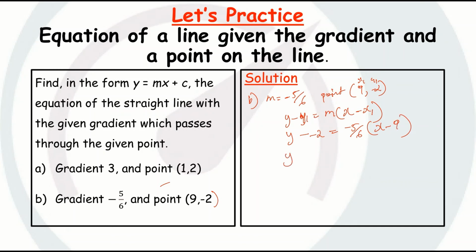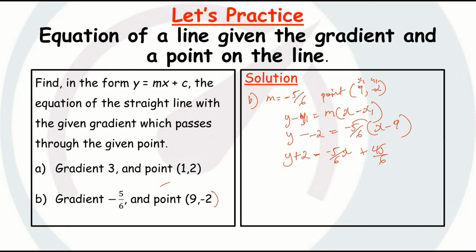So we have y plus 2, because we know that when the minus and the negative sign multiply each other, we get a positive. Now we have negative 5 over 6 times x, which gives us negative 5 over 6 x. And negative 5 over 6 times 9 gives us positive 45 over 6.